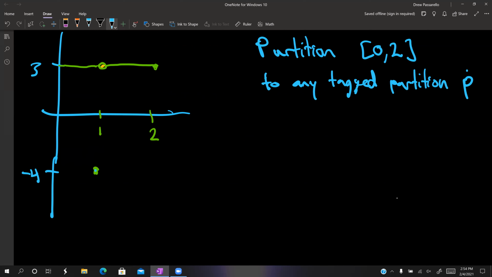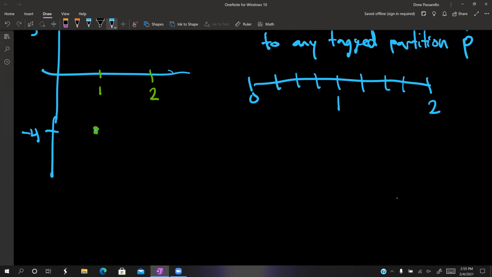So if 1 isn't a tag, it's simple. So we have our partition, and the question is, if 1 isn't a tag, is this fine? All right, so let's say, case one, 1 is not a tag.